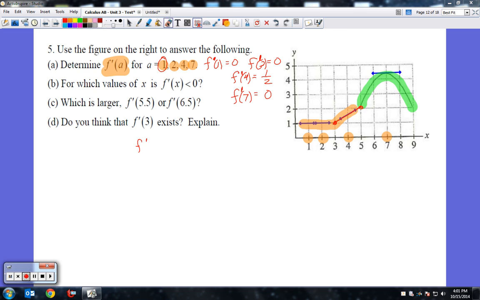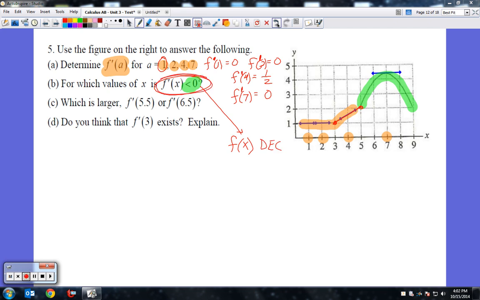Alright, so now let's go ahead and go to B. It says, for which values of x is the derivative less than 0? Now we've talked about this many times in class. The derivative being less than 0 shows that your original function, your position function, is going to be decreasing.